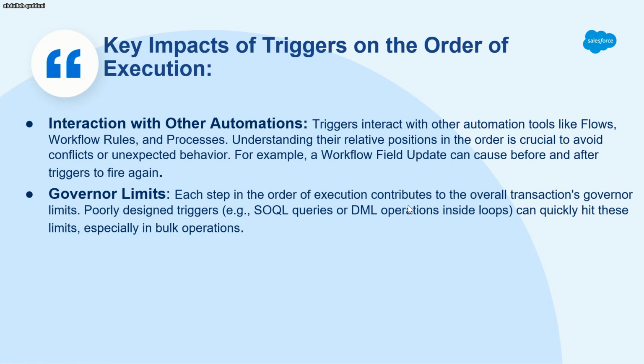We have to keep a close eye on that as well, and on how flows impact workflows and other processes. If we are updating a field in a workflow, what impact will it have on other things? We should keep these in mind when we are developing, and especially when we are designing our solutions.